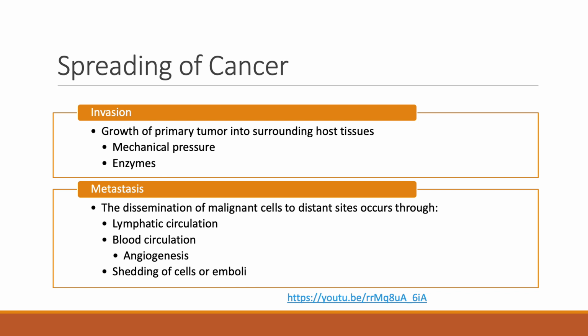Anyway, shedding the cells. You can shed the actual cancer cells or even tiny emboli that can travel into the body cavity and seed the surfaces of other organs. A good example of that might be ovarian cancer. That's an epithelial cancer, so it's growing on the outside of the ovary.